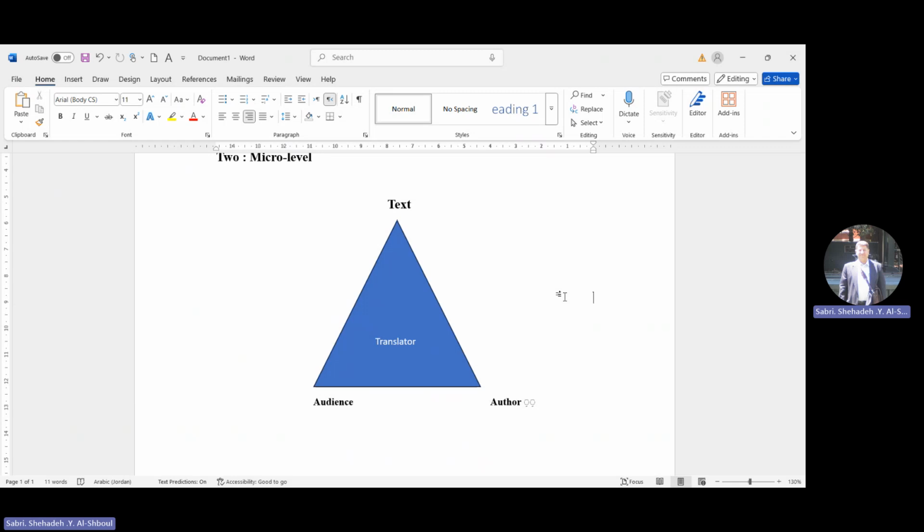So we have chosen this shape to show the interaction among the contextual factors. In this way, the type of equivalence opted for by the translator depends upon the weight that he or she assigns to each of the three contextual factors.